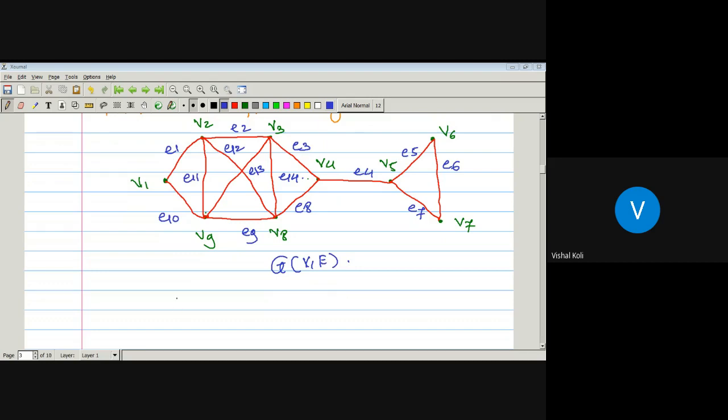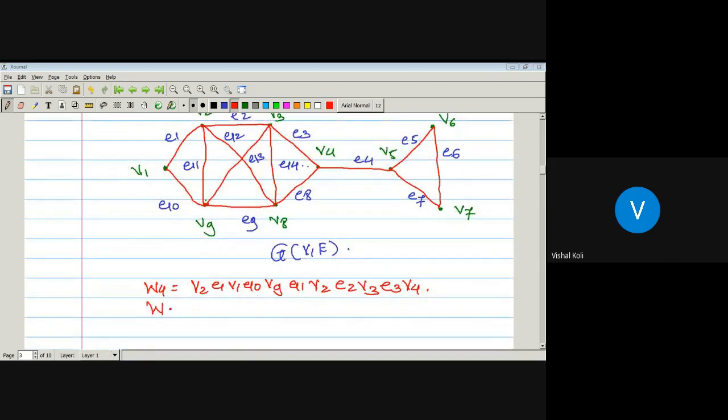Take here some walks. W4 as V2, E1, V1, E10, V9, E11, V2, E2, V3, E3, and V4.